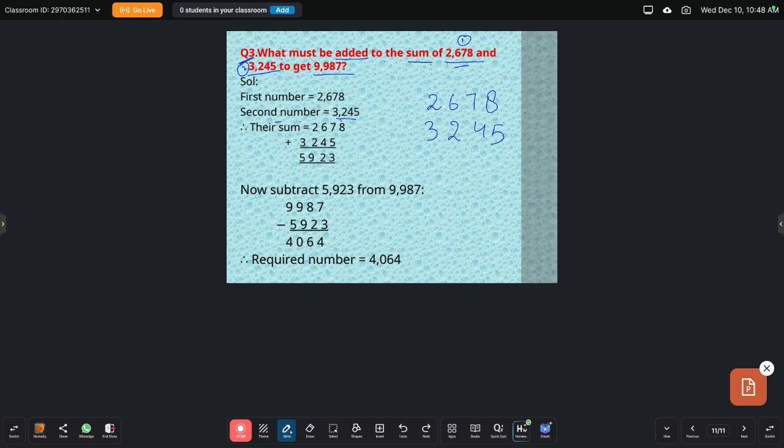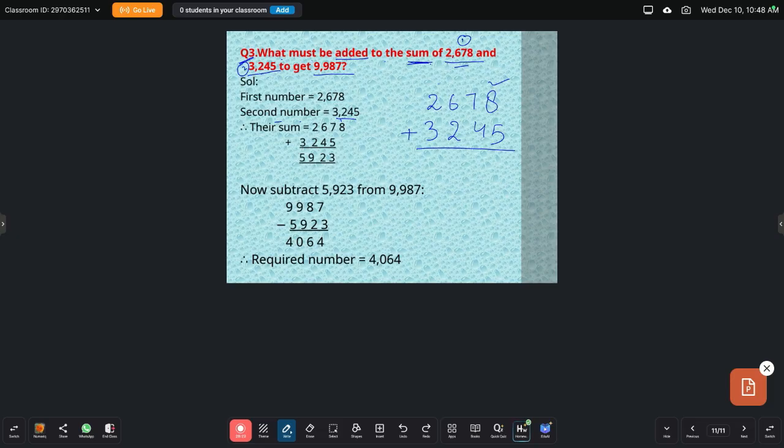Now what we have to do? We have to find their sum first. Look here. The question is what must be added to the sum of this number and this number. That means first we have to find the sum of these two numbers. First number and second number. Let us find the sum.